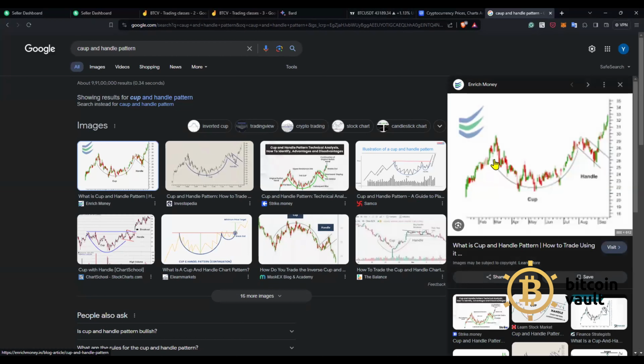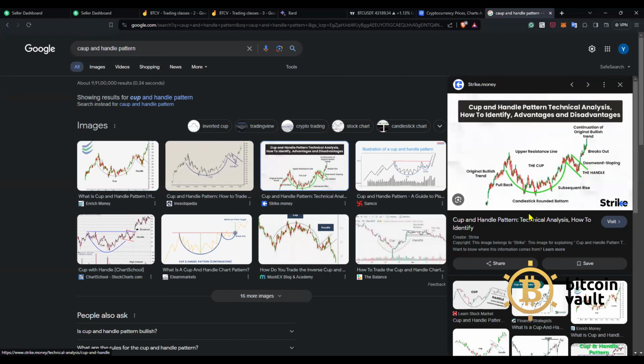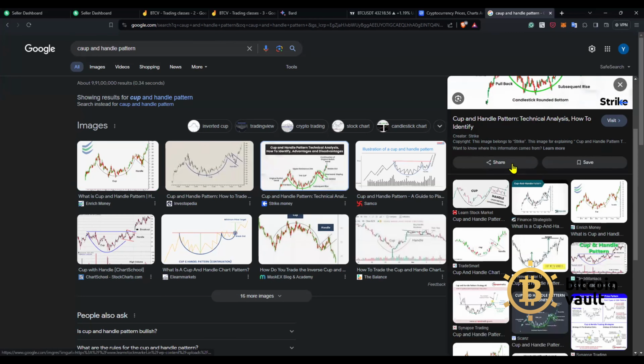It looks like this: cup, and then the handle of that cup, and then the breakout. See this one? Cup, then handle, and then a breakout. In this one also, what people do is they take the length of this one and put it right around here, if they wait for the market to break. Same thing.